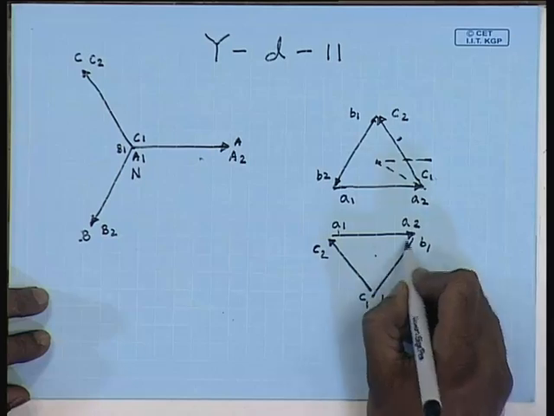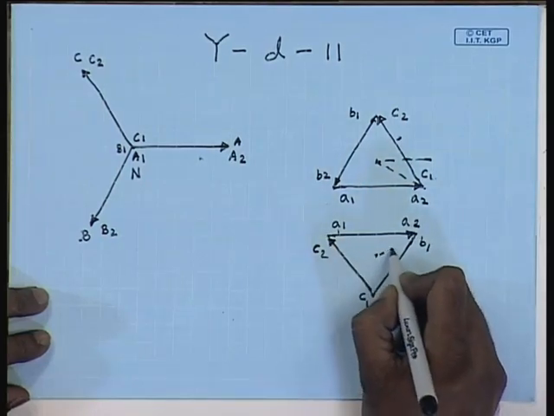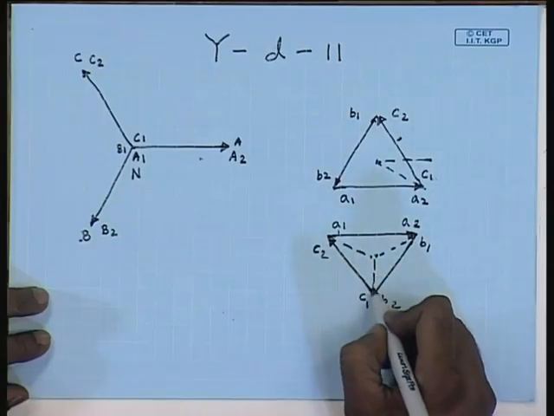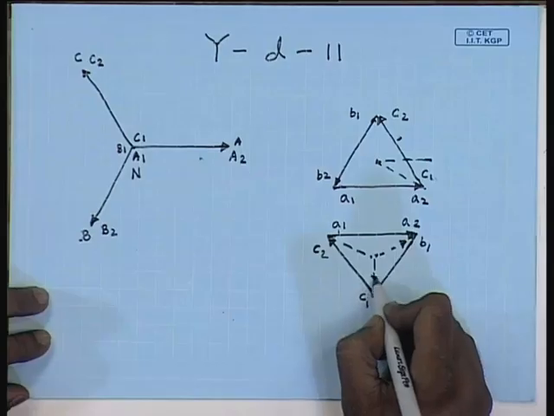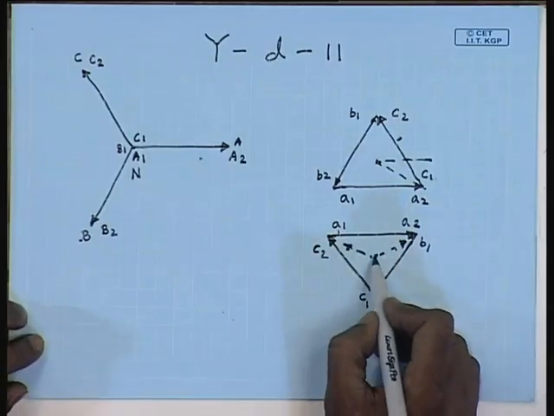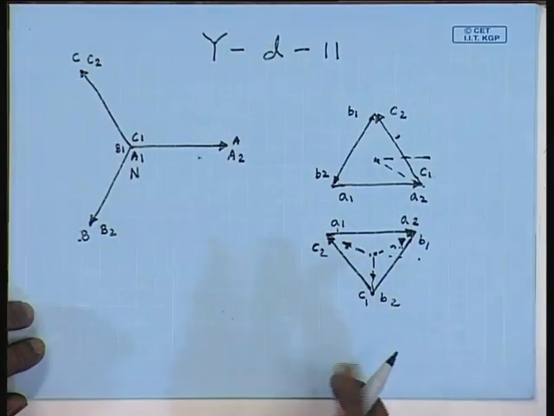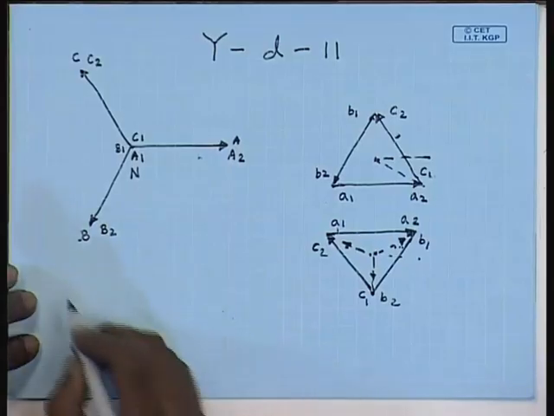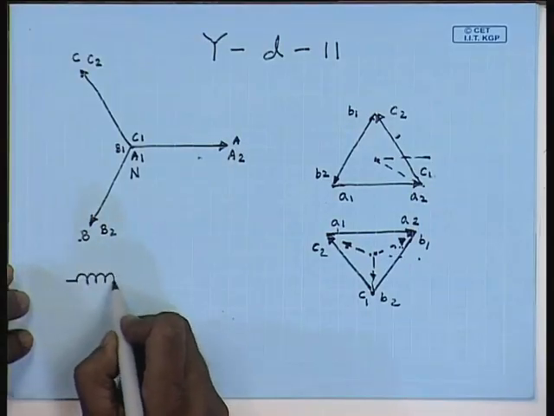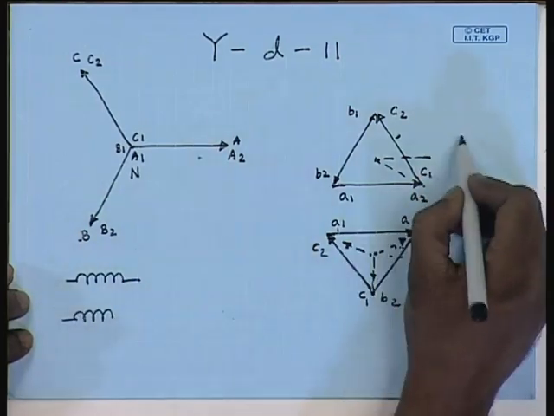In this case, if we make this connection, then the line to neutral voltage of the low voltage side will lead the line to neutral voltage of the high voltage side, and this will be a YD11 connection. So, what will be the winding connections here? This is the high voltage windings.